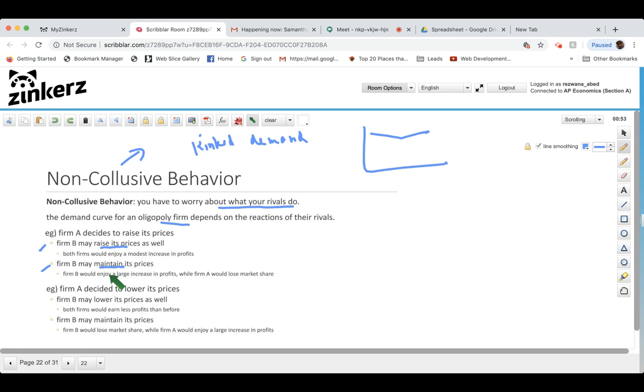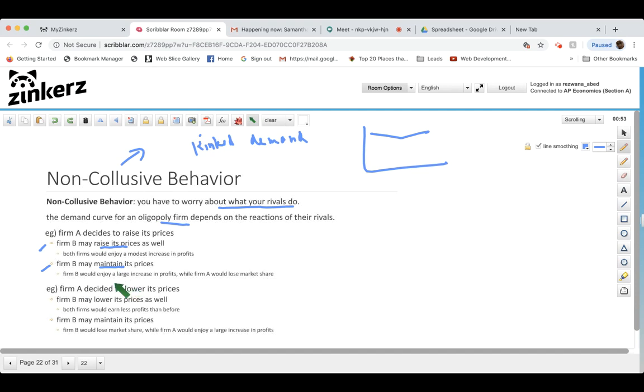So farm B, if they maintain their old price, which is lower than farm A's current price, would enjoy a large increase in profits because they would be able to sell more. But farm A would be making losses, right? They would lose market share because some of their customers are now going to shop with farm B, which has a lower price.